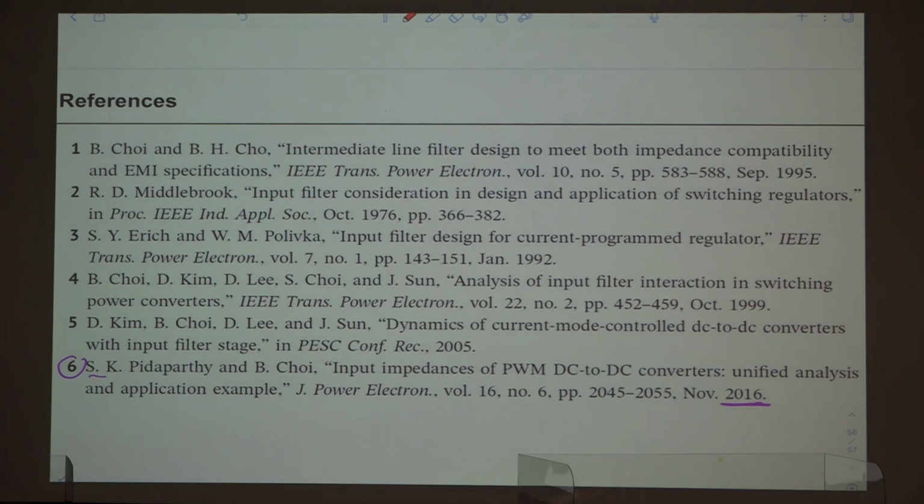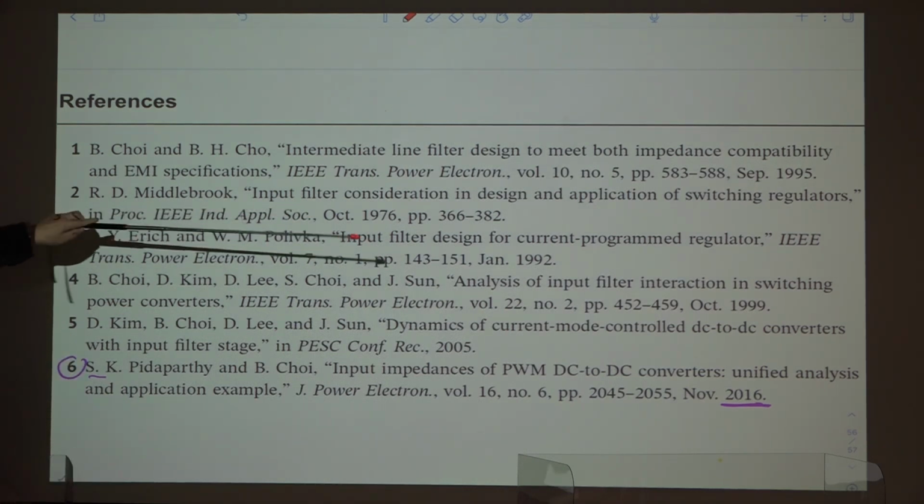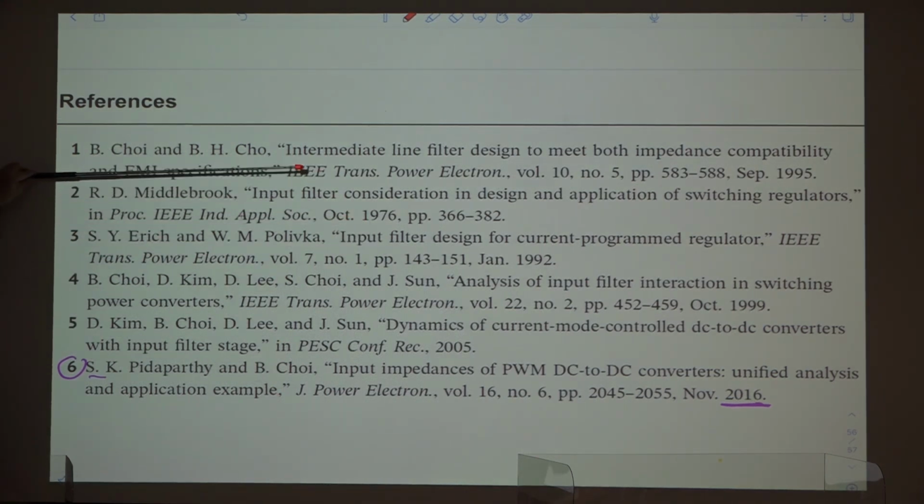All right, these are the references for the input filter interaction. I wrote this paper a long time ago, maybe 25 or 30 years ago, and this approach was wrong. I found that out later. At the time, I didn't know this. There is a better way of doing this.